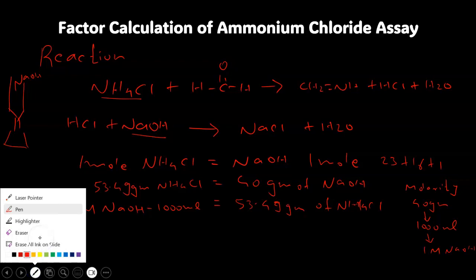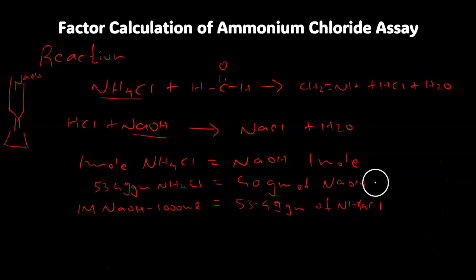This factor is for 1000 ml of NaOH: 1000 ml will neutralize 53.49 grams of ammonium chloride. I want to calculate for 1 ml, so cross multiply. After cross multiplying, consider this x. So x will multiply with 1000.